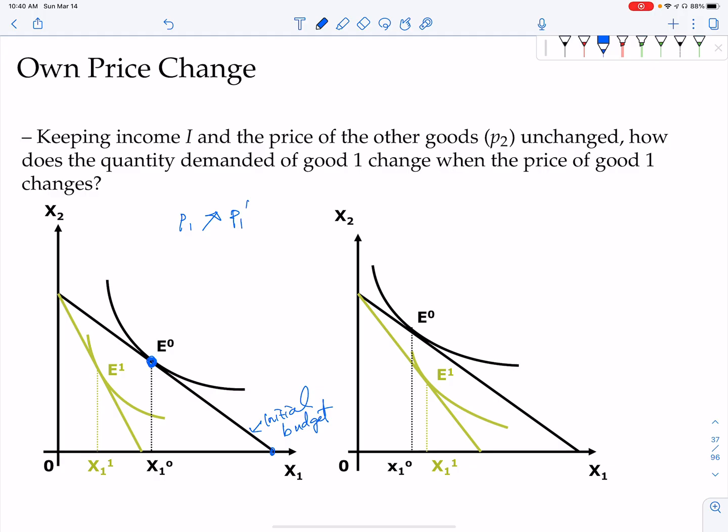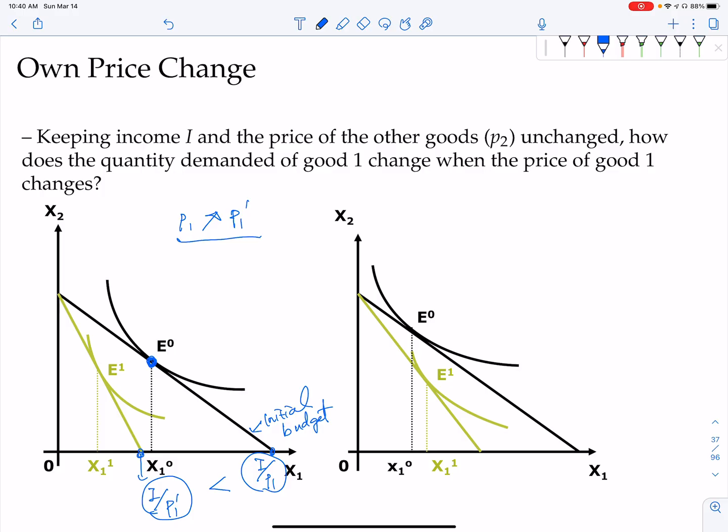Initially this was I over P1, but now this is the new point given by I over P1 prime. P1 prime is larger than P1, so I over P1 prime will be smaller than this one, right?